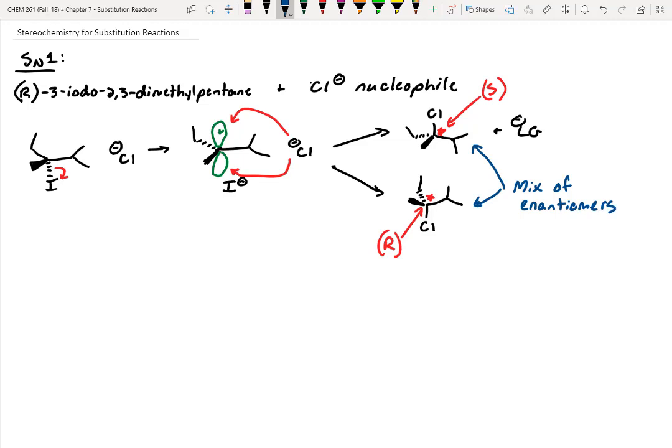All right. So let's think about this abstractly. Which enantiomer do you think will be favored, or do you think both will be favored? Meaning a 50-50 mixture. Is it going to be racemic, or is the S enantiomer going to be favored, or is the R enantiomer going to be favored?